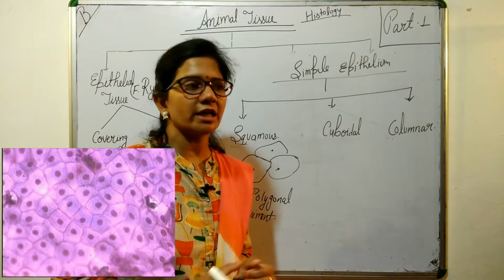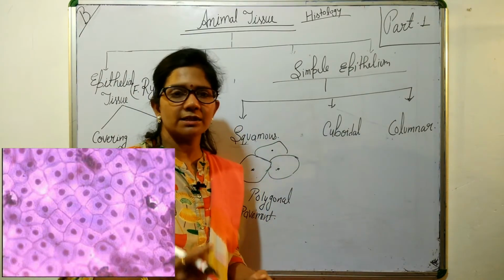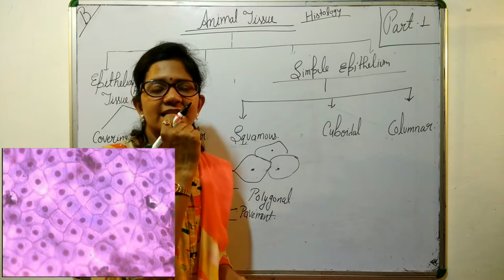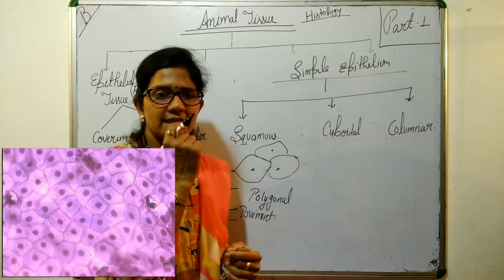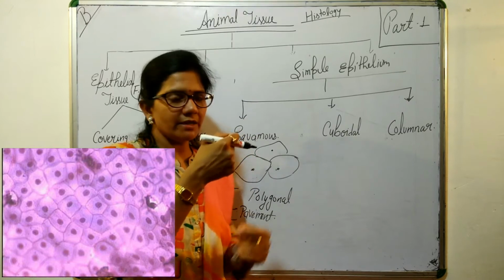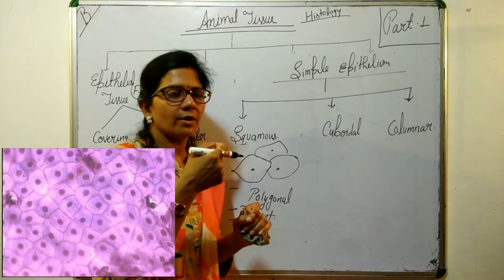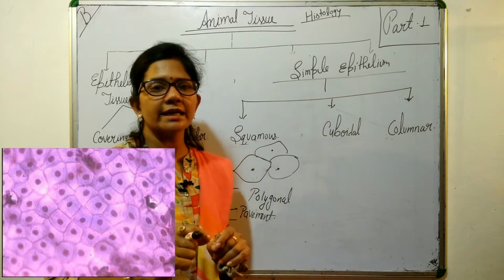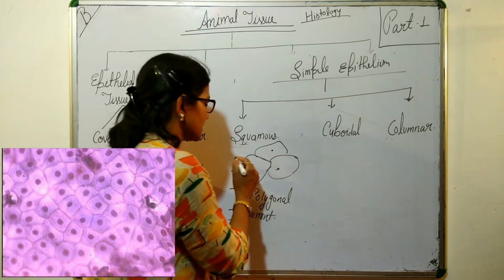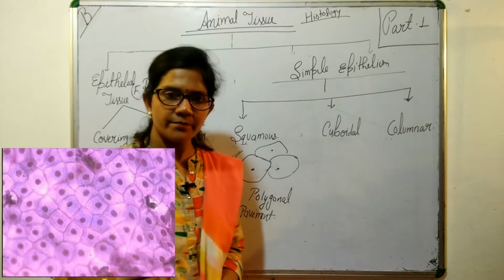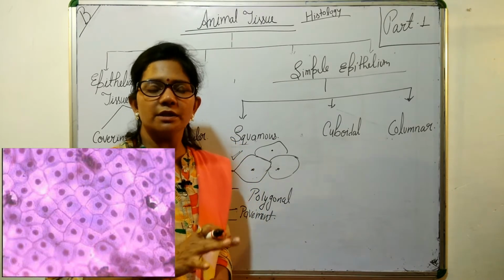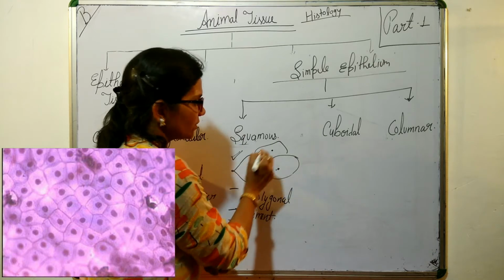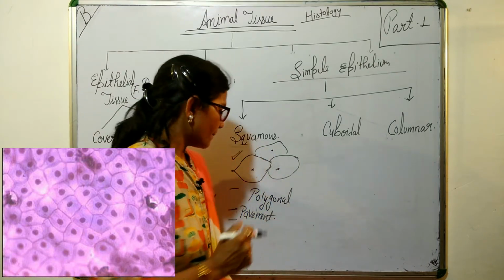We also do a practical on it. The cheek cells: when we scrape from the inside of the cheek, stain it with methylene blue and observe it, you will see the same structure, with the nucleus at the center.